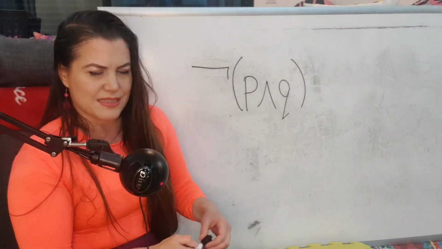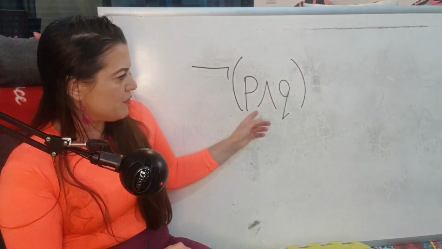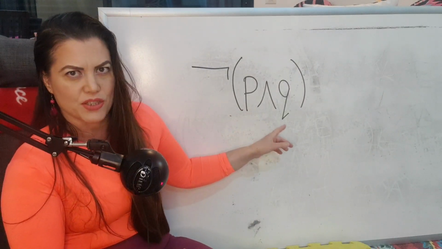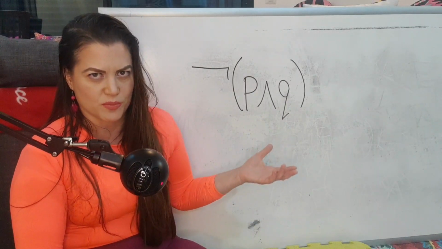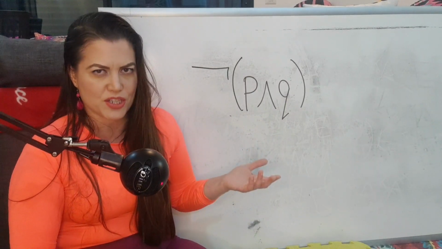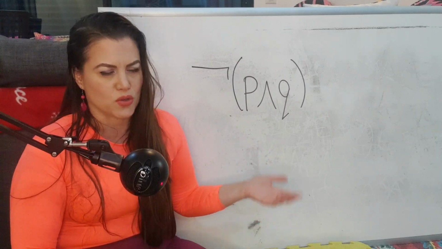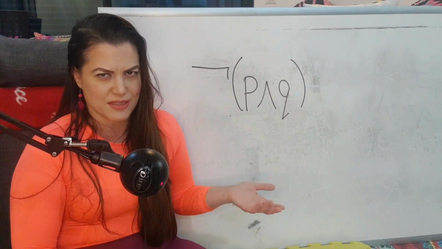I am using the letters P and Q just as placeholders for whatever you want to put there, whether it's some expression, with a quantifier or without a quantifier, it doesn't really matter.